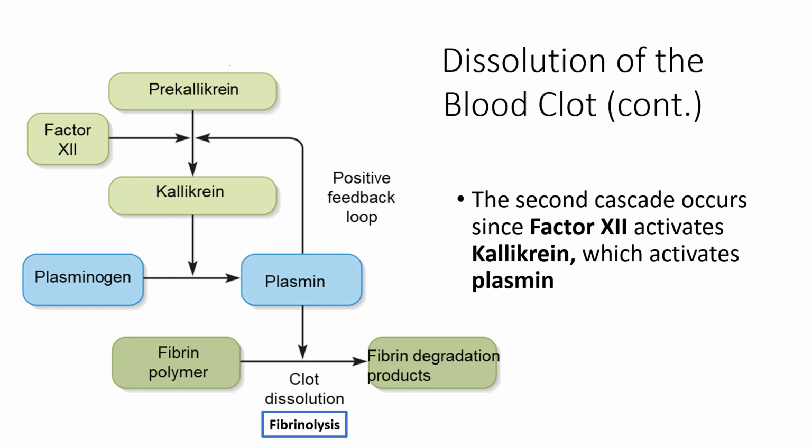So Hageman factor, or factor 12, to cause fibrinolysis of the clot is going to trigger the production of kallikrein, that will activate, by cleaving plasminogen, plasmin that will then break down the fibrin polymer.